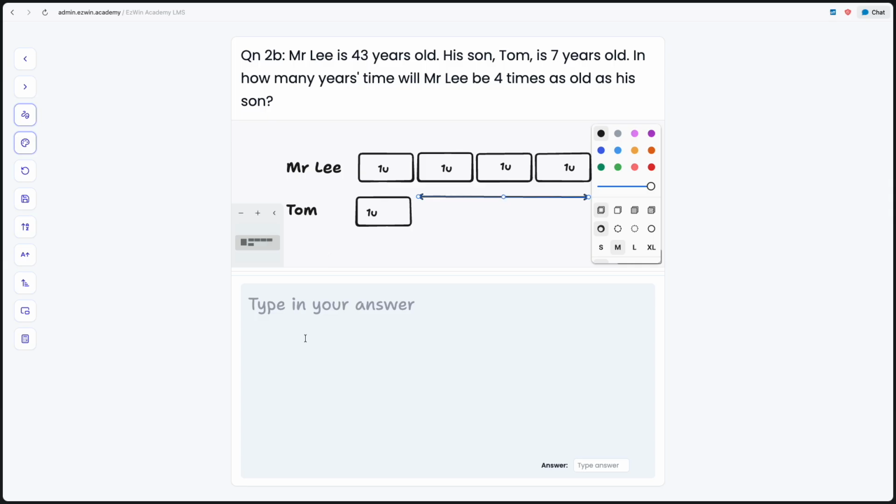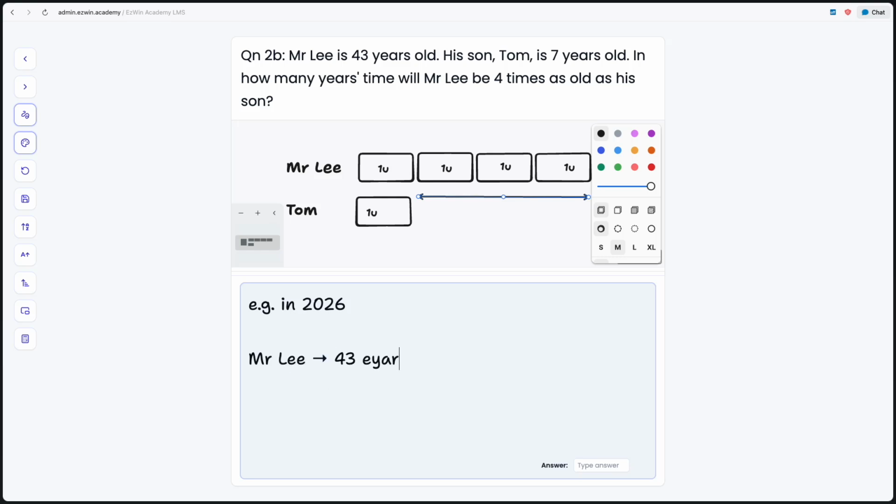The thing is that, for example, this is an example in 2026, which is this year. So Mr. Lee is 43 years old. And then Tom is 7 years old. Okay, and then the difference is equal to 43 minus 7, which is equal to 36.